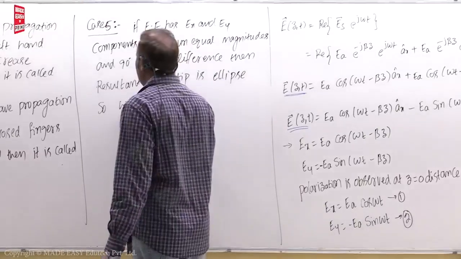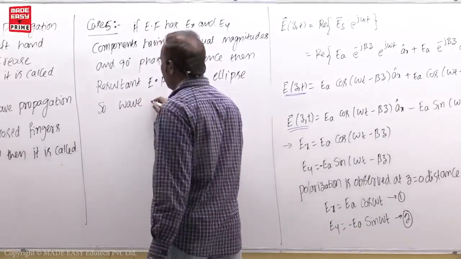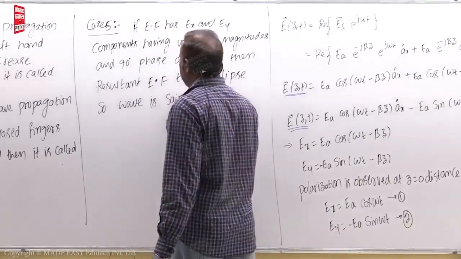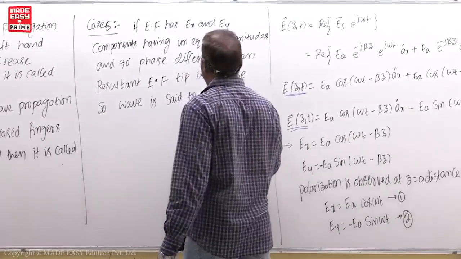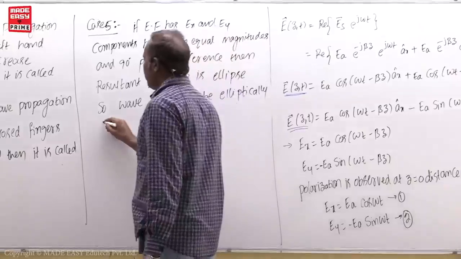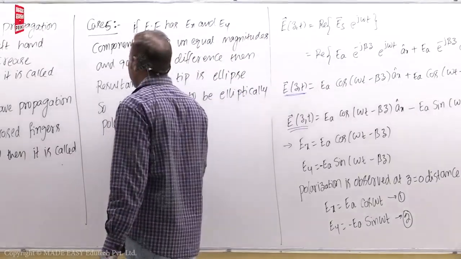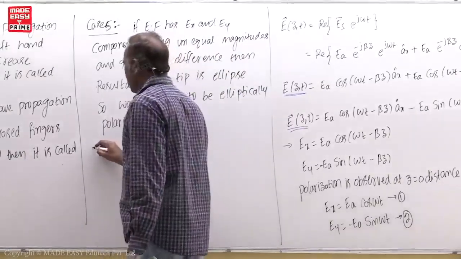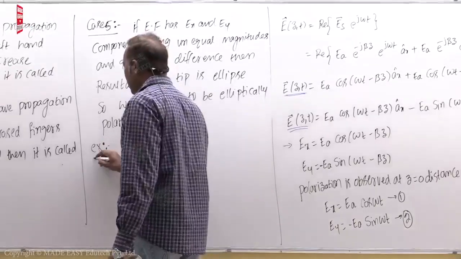So the EM wave is said to be elliptically polarized. Example we will take.